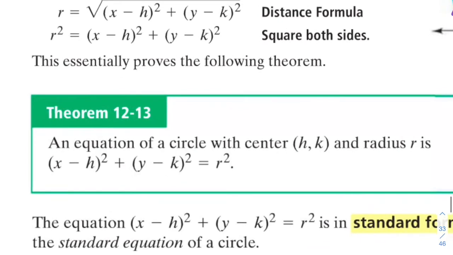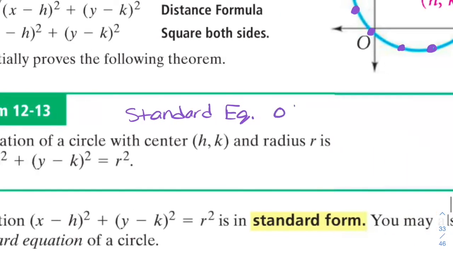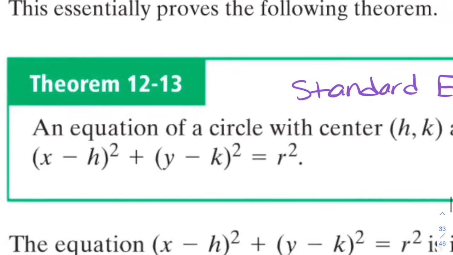So the standard equation of a circle is what you see in this box: x minus h squared plus y minus k squared equals r squared. Notice that you're taking h away and you're taking k away.